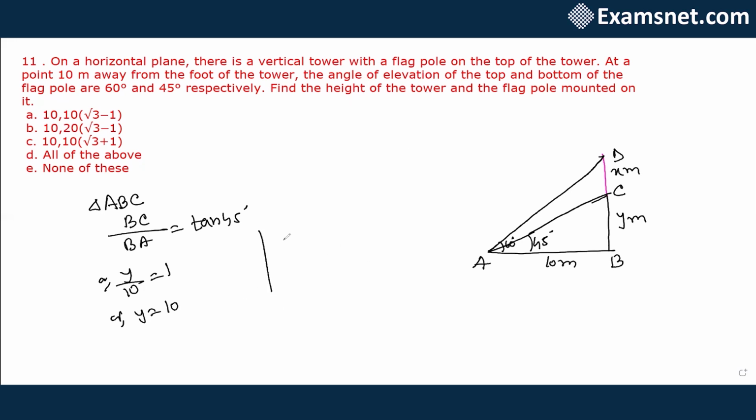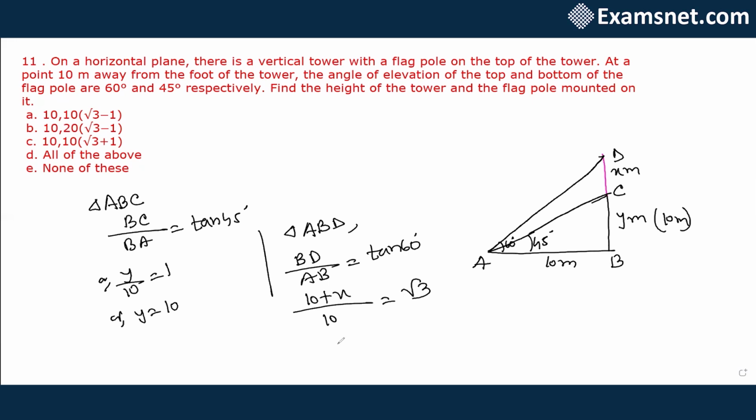Now let's consider triangle ABD. Okay, so BD by AB equals tan 60 degree. Right, now BD means y plus x. So we have already got the value of y as 10 meter, we will write 10 plus x by 10 equals root 3. That means the value of x equals 10 root 3 minus 10.